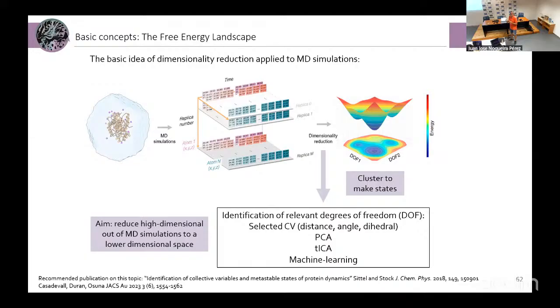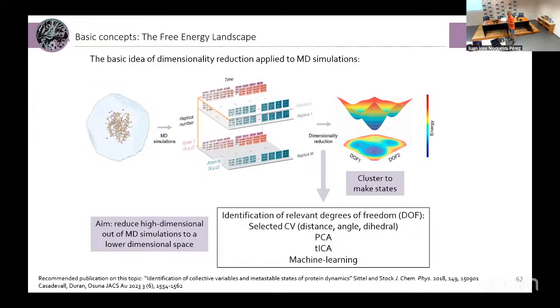How can we represent all these coordinates for all the atoms in a free energy landscape? Before, Ferrán was talking about reaction coordinates, about collective variables. So this is exactly what we need to predefine in order to reproduce and study these free energy landscapes.